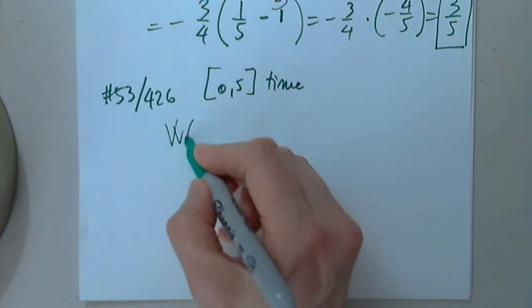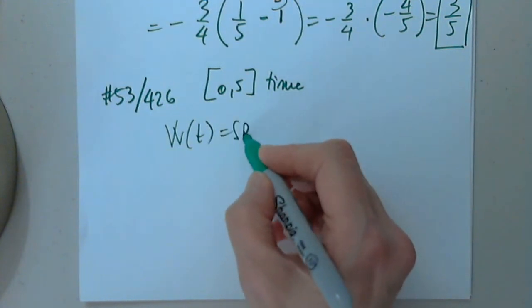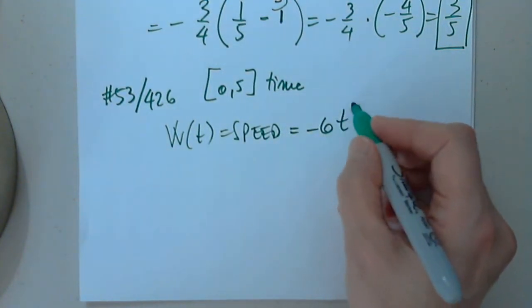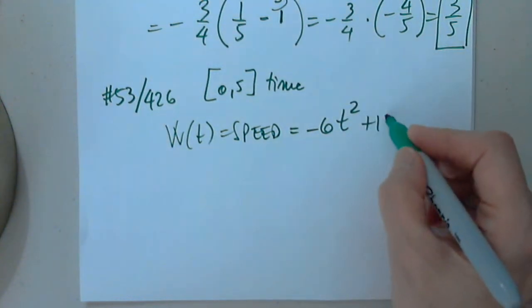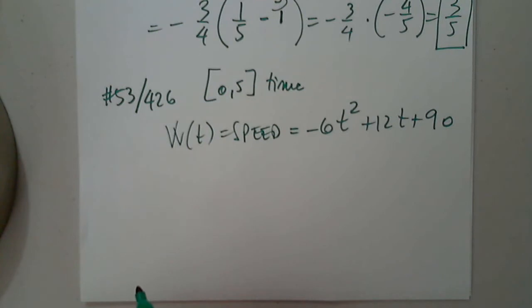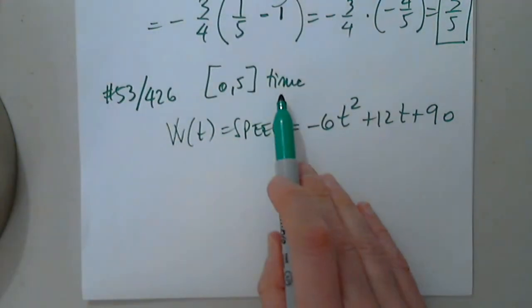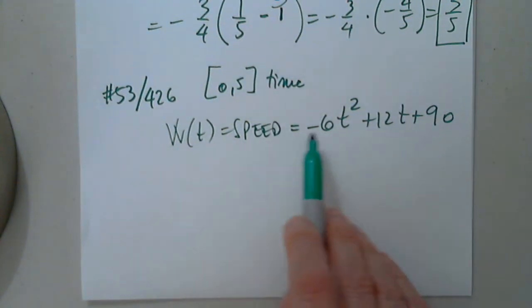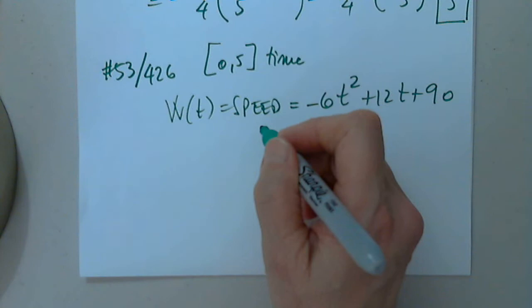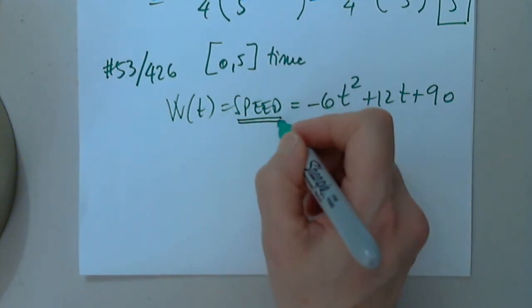They're giving us the speed. Speed is -6t squared plus 12t plus 90. Okay, the keyboarder's speed over a 5-minute interval is given by this function. So this we know is a derivative. It's the speed.